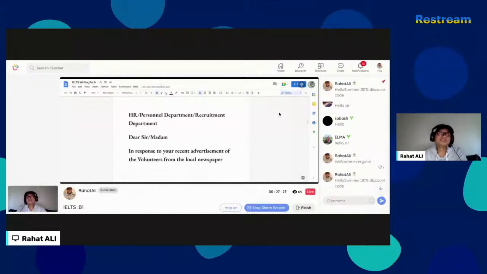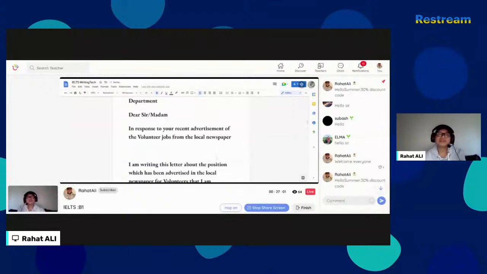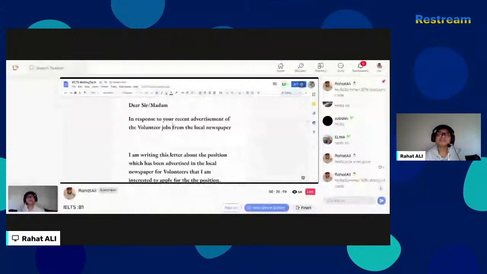This is my style disclaimer. This is how I have written. It's just simple. If you think it's okay, you can follow. If not, you can write your own way. In response to a recent advertisement of the volunteer jobs, actually not volunteers, from the local newspaper, I'm writing this letter about the position which has been advertised.